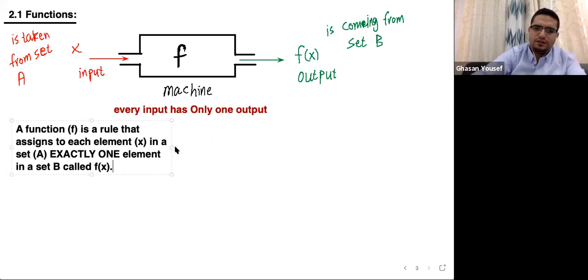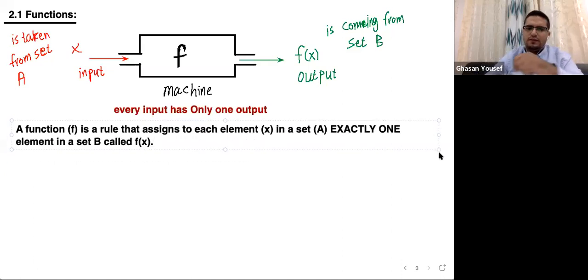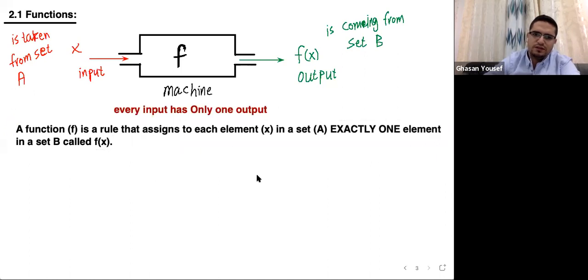This is the definition of function that assigns each element x in set A exactly one element in set B. Every element in set A has only one element in set B.